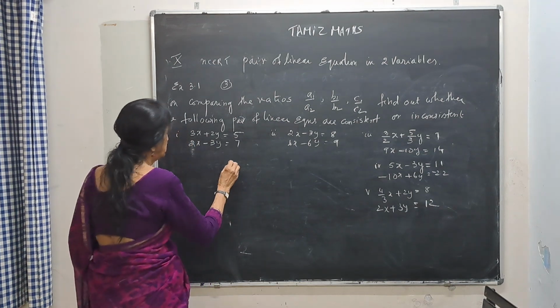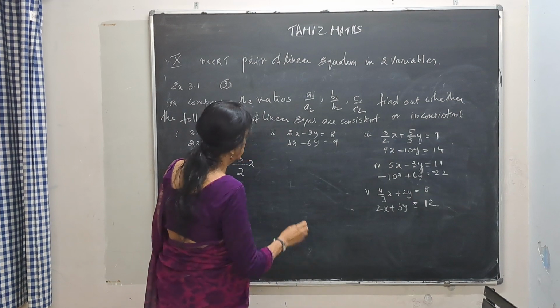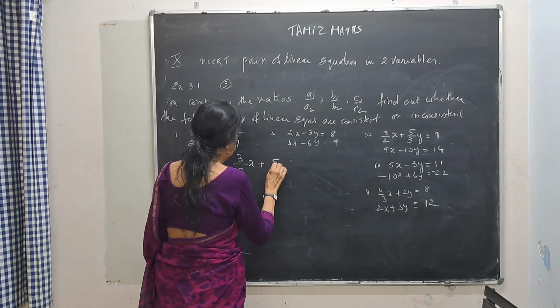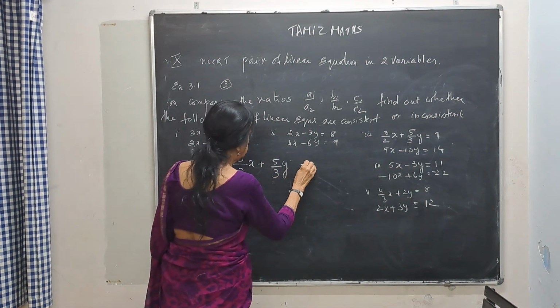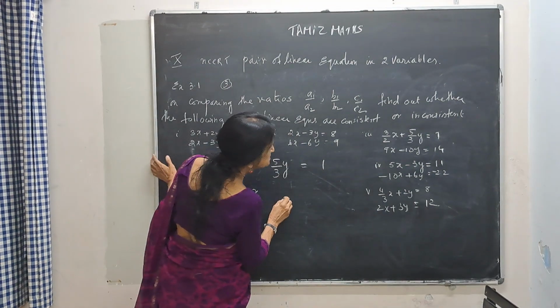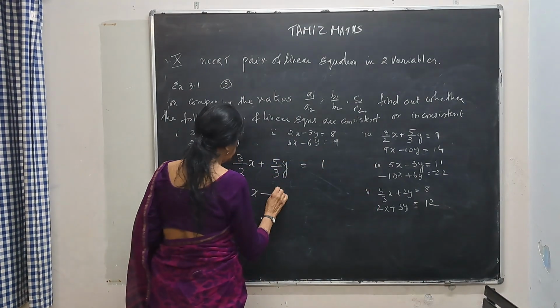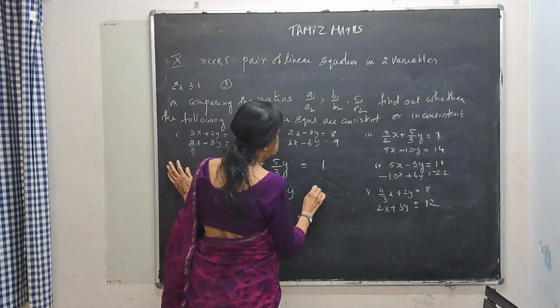Third one. 3 by 2x plus 5 by 3y is equal to 1. 9x minus 10y is equal to 14.